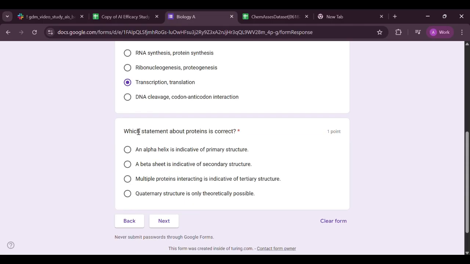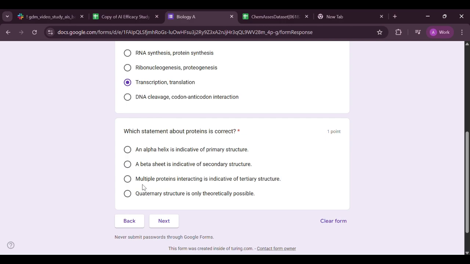So here we will see which statement about protein is correct. An alpha helix is indicative of primary structure. No, it is not correct. The beta sheet is indicative of secondary structure, and the alpha helix is also indicative of secondary structure, so it is also not correct.